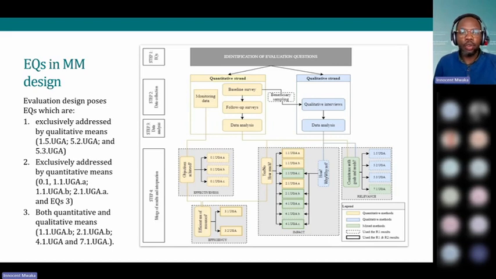And the green is to show you that there are some questions where both quantitative and qualitative attempted to answer. Then there are some questions where only qualitative attempted to answer, and some questions were only quantitative. There are various reasons for this, but mainly when we are doing such a design, we have to think carefully to determine which approaches to use for data collection, and which can best provide efficiency.